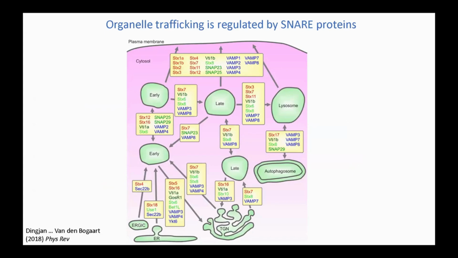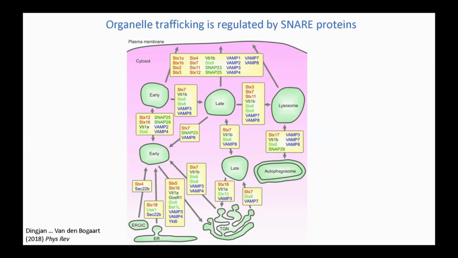Now we humans have like 27 different SNARE proteins or so, and they regulate all cellular transport except mitochondrial fusion. So you see it here. However, the problem is that SNAREs are redundant, so you have multiple SNAREs catalyzing the same pathway. And at the same time, they're also involved in multiple pathways.